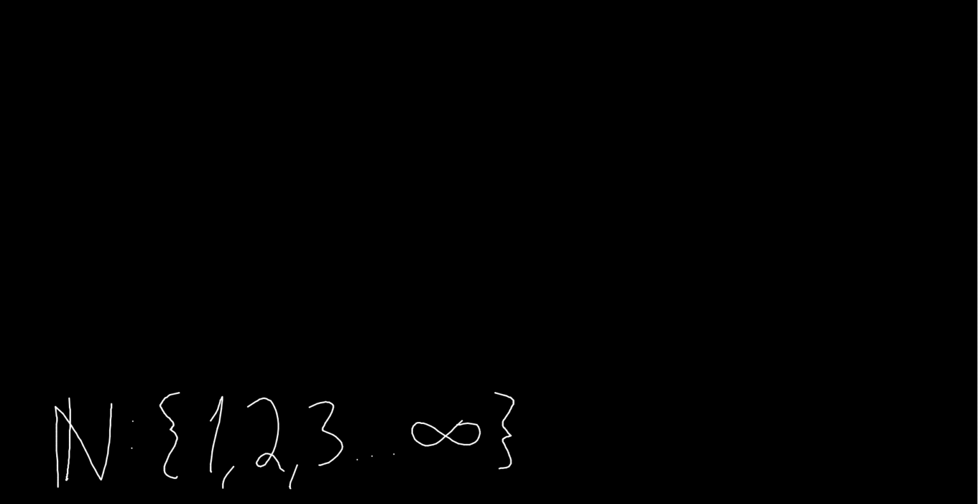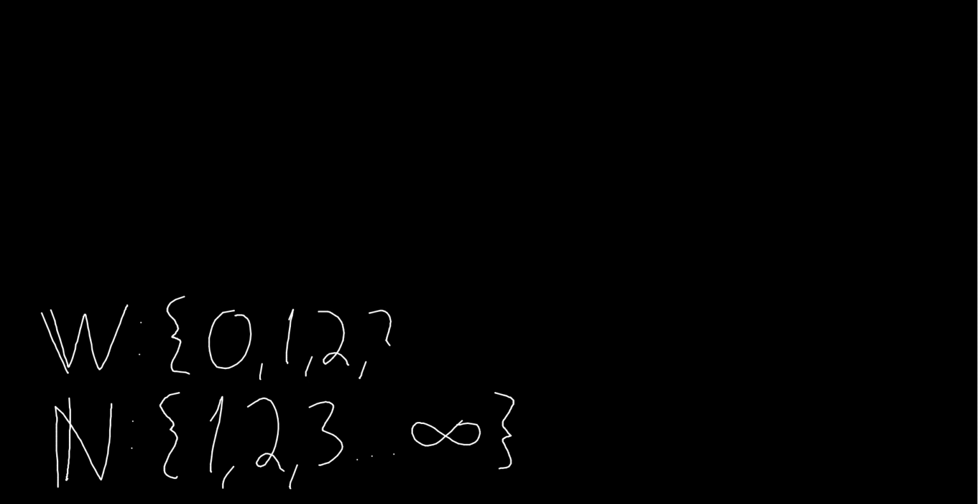That's the natural numbers. We got the whole numbers, which were the natural numbers, just with the number 0 included. 0, 1, 2, dot, dot, dot, all the way to infinity. Okay.